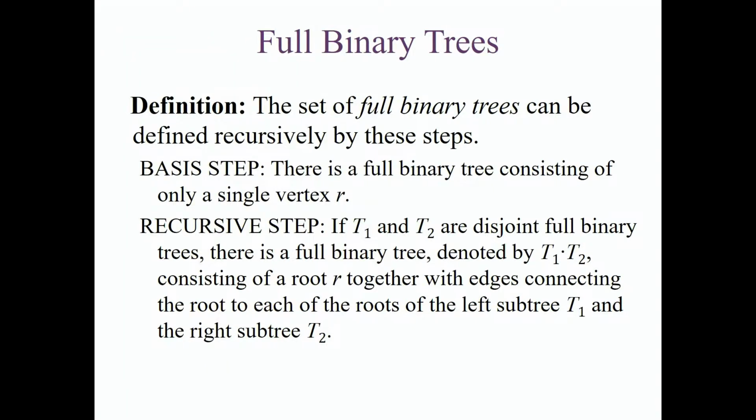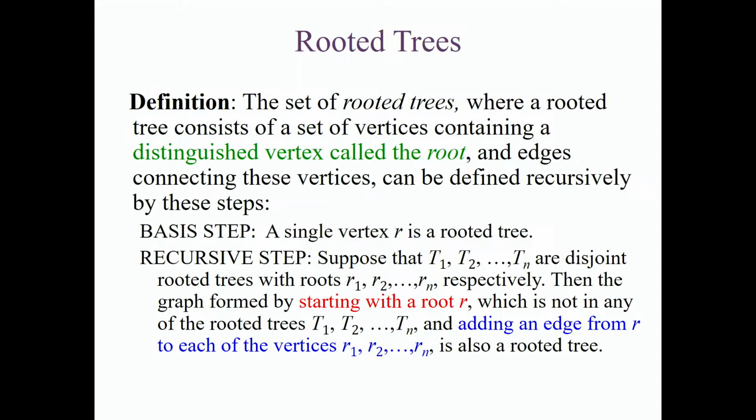So for the basis step, we have a single vertex R, which is a rooted tree. If we have only one single vertex, that could be a rooted tree because we can assign that vertex to be the root.